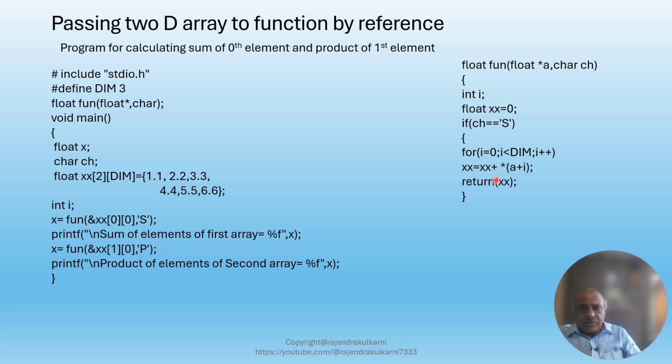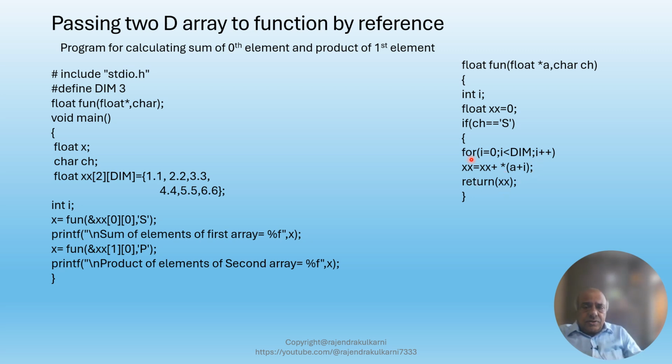To this xx, we are adding the values which are pointed to by the pointer a. This for loop will advance the pointer till we reach the value 2, which is the value of the macro dim.